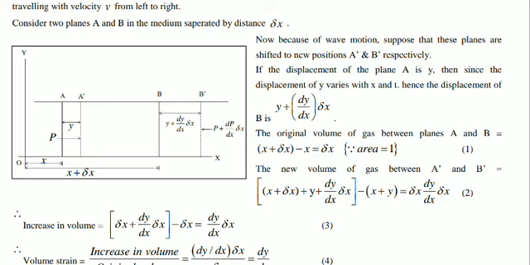And at the place of rarefaction, all the particles are moving away from each other. So at the positions of compression there is an increased density of the particles, and at the positions of rarefaction there is decreased density. So the density is maximum at the place of compression and minimum at the place of rarefaction. There is a variation of density within the sound wave.